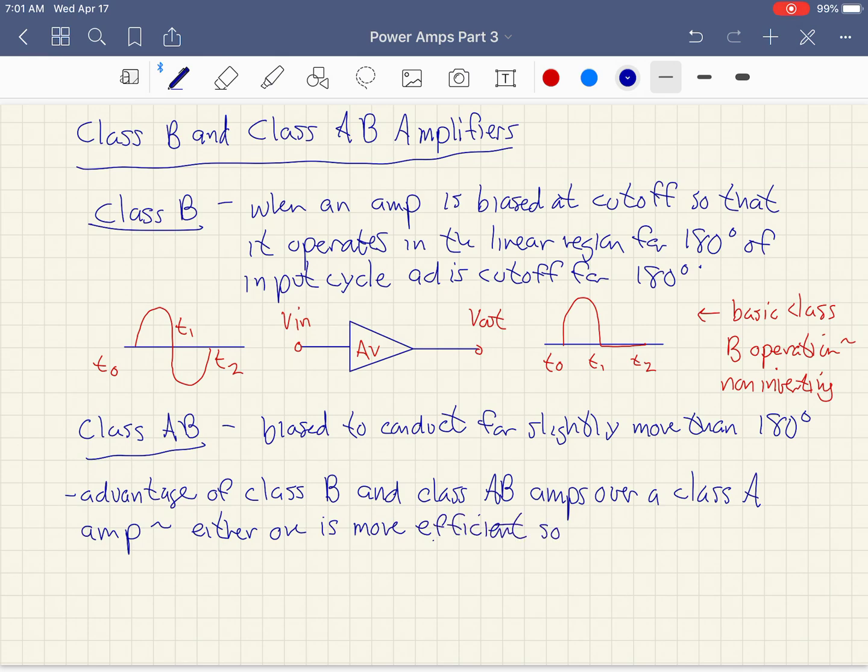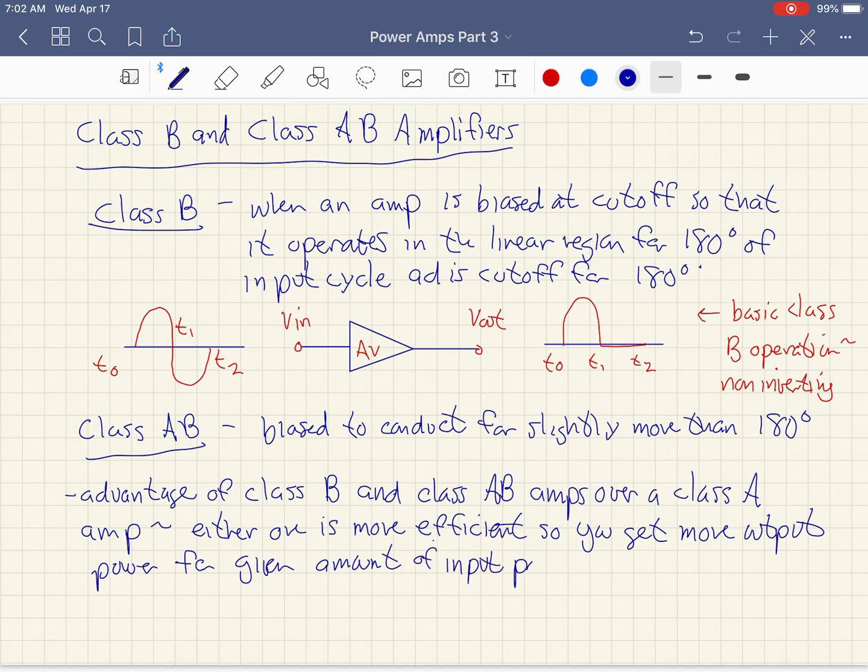Okay, so you get more output power for a given amount of input power. Okay, so that's our advantage.